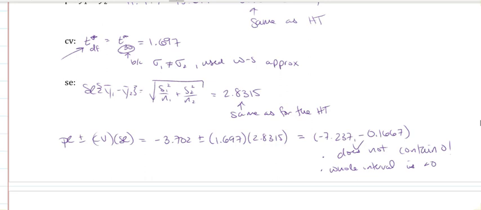So that means that I believe that mu1 is less than mu2 at 90% confidence. It doesn't mean that this is guaranteed. It doesn't mean that these answers or these conclusions are correct. It just means that based on my current evidence, these are reasonable things to believe.